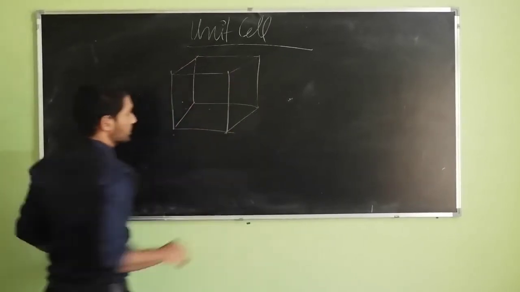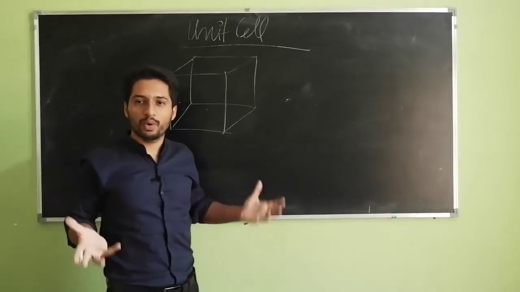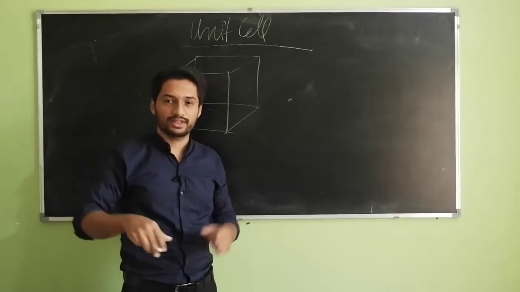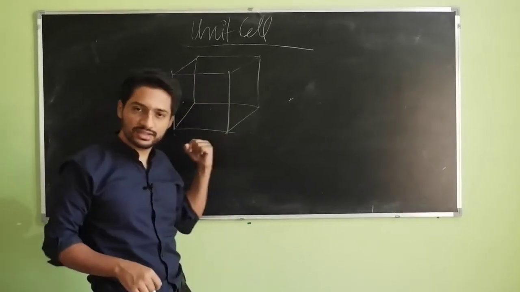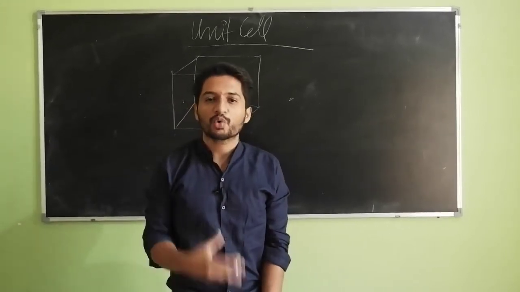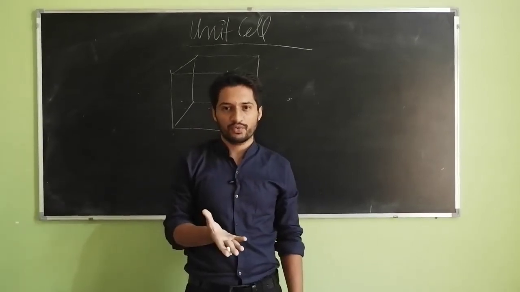Okay, so this is a unit cell. What is a unit cell again? The smallest portion, which when repeated in all the directions gives the entire crystal lattice. So how do I characterize this unit cell? Let's say if I have the table here, how do I characterize the table? How do I know this is a unique table that I have in front of me?